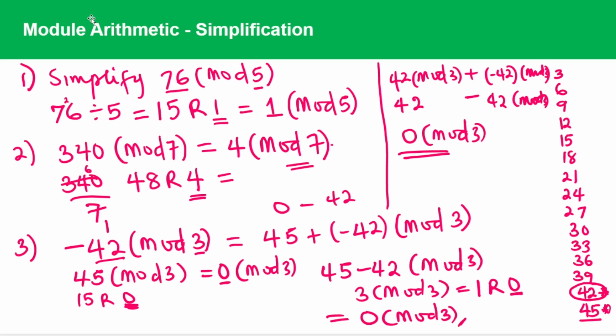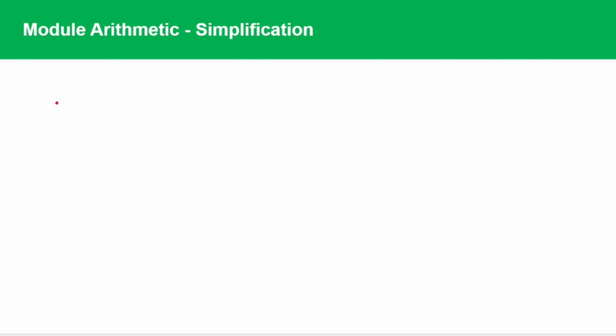Now, just in case you are still not clear, let's look at another example on how to change negative numbers into positive. Suppose I have minus 73 mod 6, and I'm to simplify this. What I would do is look for multiples of 6 that are equal to or greater than 73.